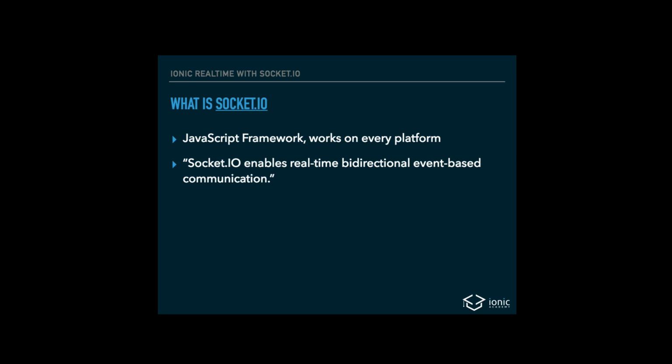Okay, so there are a lot of words in this sentence. First of all, bi-directional, between two or more parties. We can have a real-time communication, and this is event-based. So our app and the backend will send out events, and both sides are listening to those events and know how to handle them.